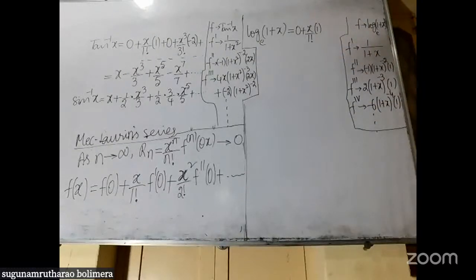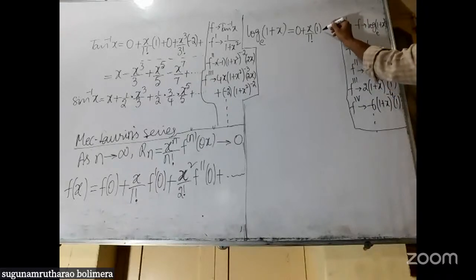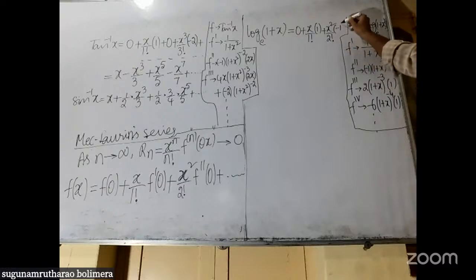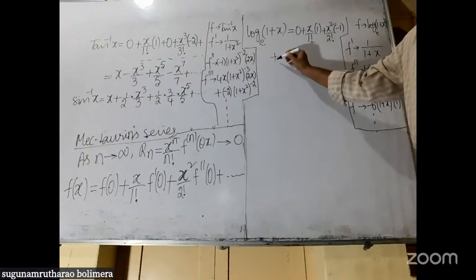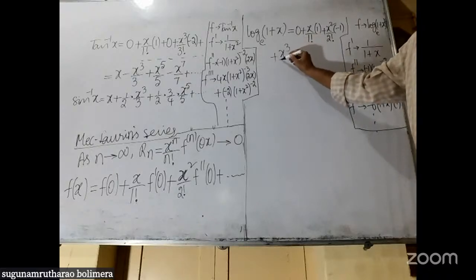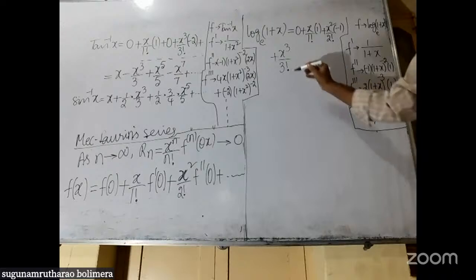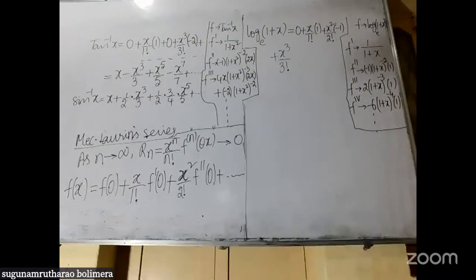The next one, x equals 0, this is minus 1, so plus x squared by 2 factorial into minus 1. Plus x cubed by 3 factorial, triple derivative, put x equals 0, 2.